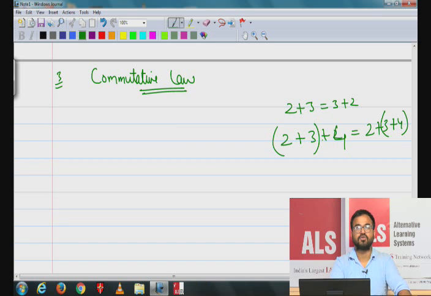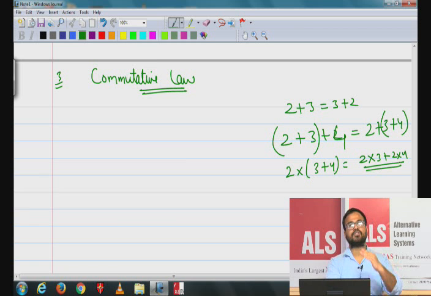And distributive law, like 2 multiplied by 3 plus 4, is the distribution of multiplication over addition: 2 into 3 plus 2 into 4. So these were the commutative, associative and distributive laws you studied in previous classes based on numbers.